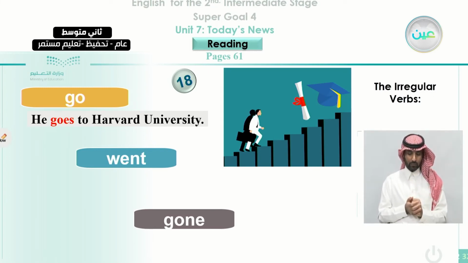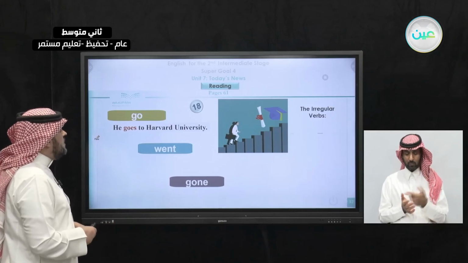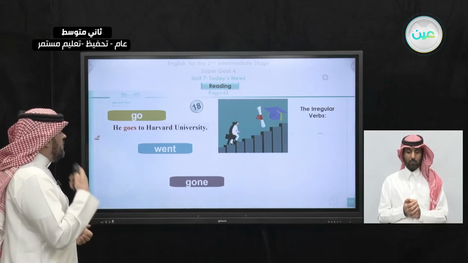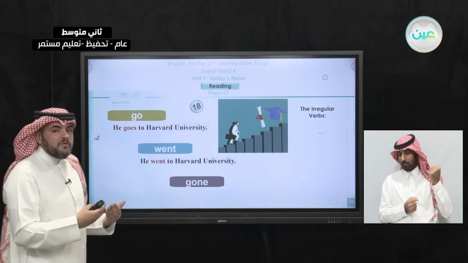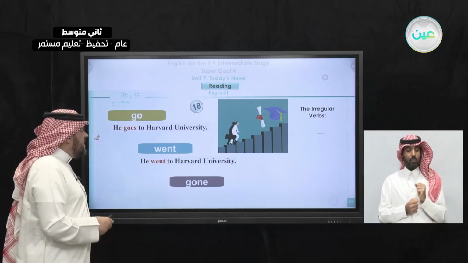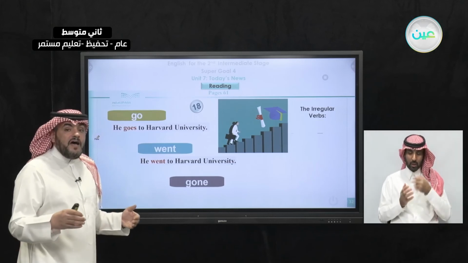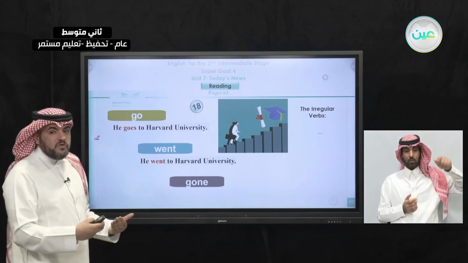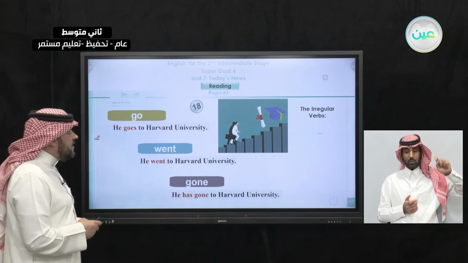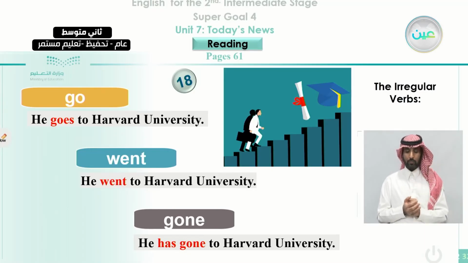We talk about him. He goes to university, to Harvard University. When we talk about Bill Gates in the past, we can say he went to Harvard University. If we talk about the action, regardless of the time, what do we say? We say he has gone to Harvard University.